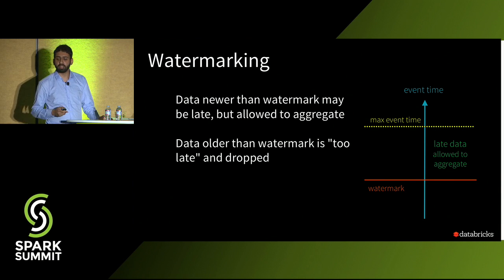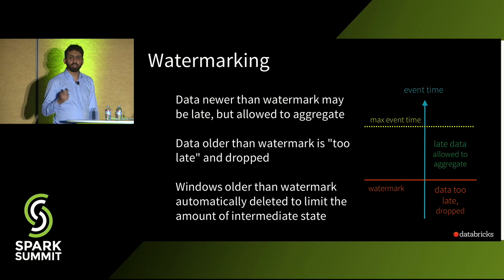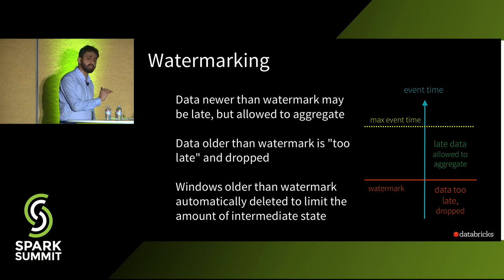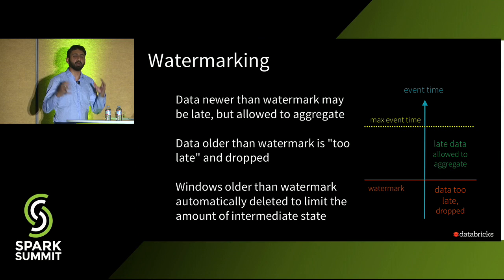But if your data is so late that it is older than the watermark, then that data will be dropped. It's not going to be considered anymore, and its corresponding state, like for example the 5-day-old counts, are going to be cleared off completely. And this is how the system can control the amount of state it can keep.